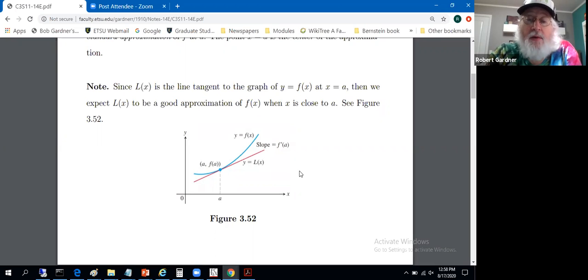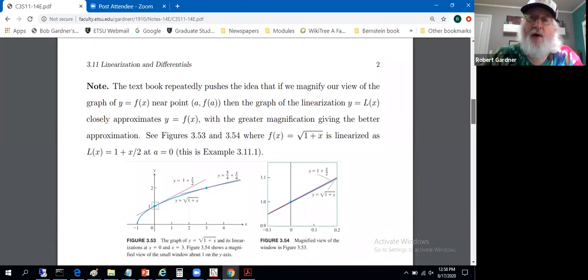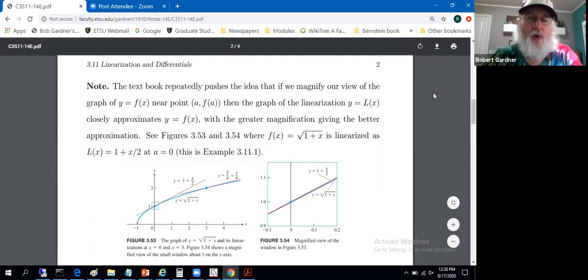But for now, L of x is just the equation of the line tangent to the function f of x at x equals a, written as a function itself. So linearizations are tangent lines, so we should be pretty good to go in computing linearizations. It's just a matter of computing derivatives and manipulating them appropriately.